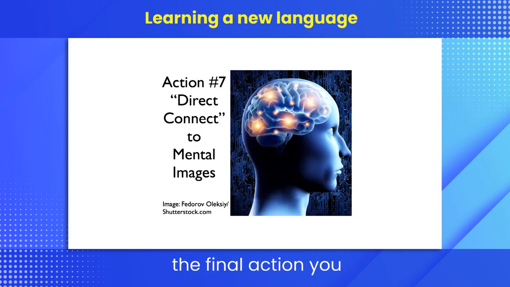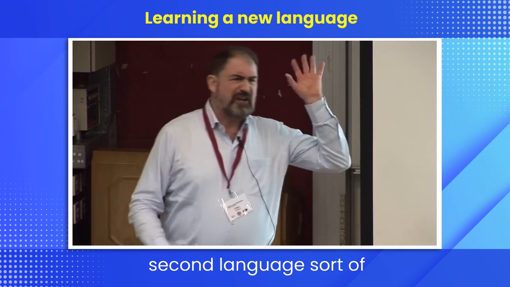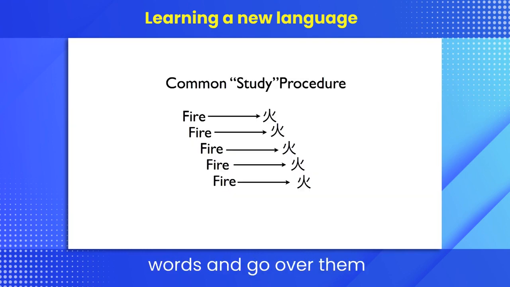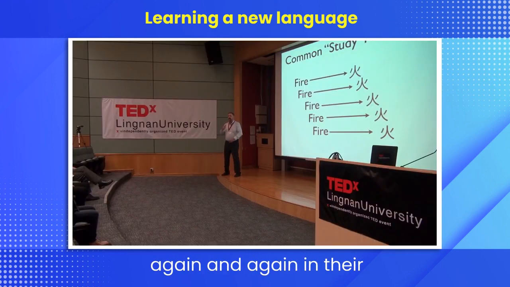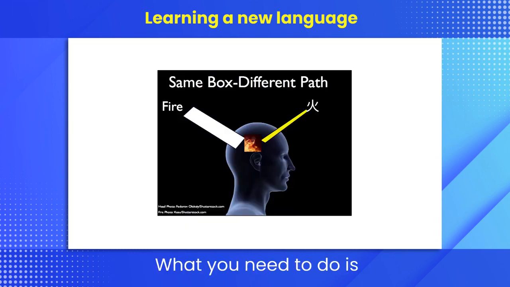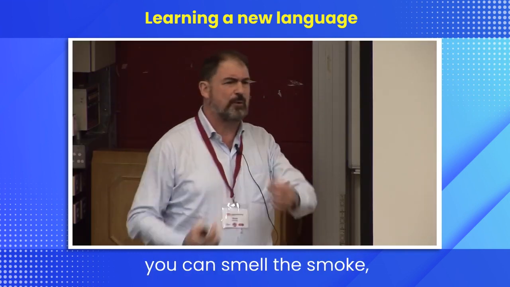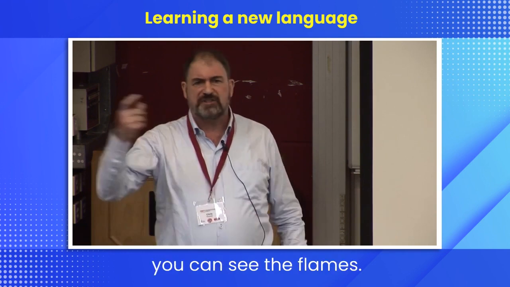And the final idea here, the final action you need to take is something that I call direct connect. What does this mean? Well, most people learning a second language sort of take the mother tongue words and their target words and go over them again and again in their mind to try and remember them. Really inefficient. What you need to do is realize that everything you know is an image inside your mind, it's feelings. If you talk about fire, you can smell the smoke, you can hear the crackling, you can see the flames.